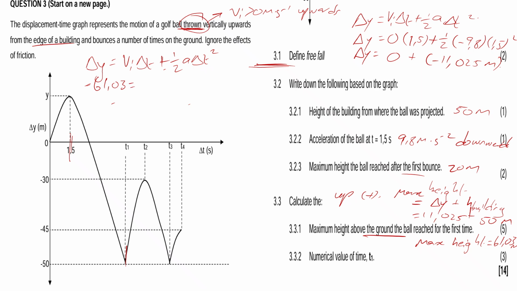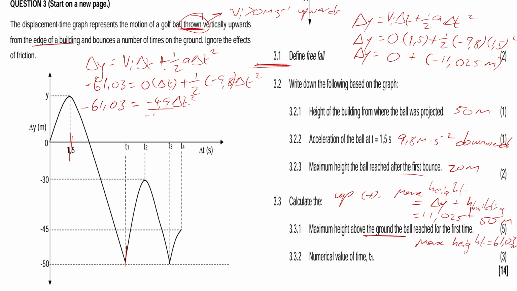Negative 61.03 equals the initial velocity, which is 0, times the change in time, which is our unknown, plus one half times negative 9.8 times change in time squared. So negative 61.03 equals 0 plus negative 4.9 change in time squared.